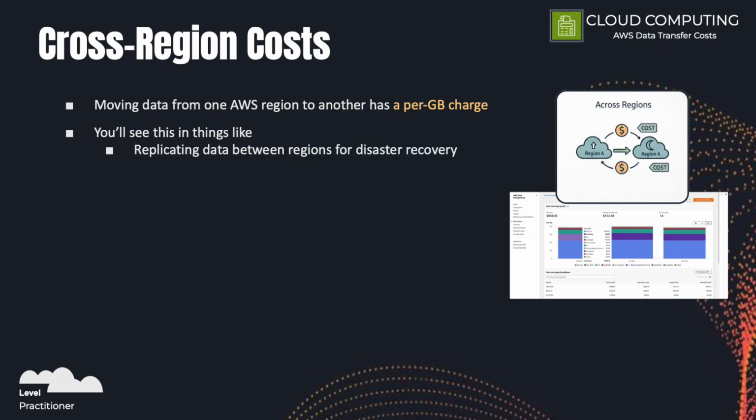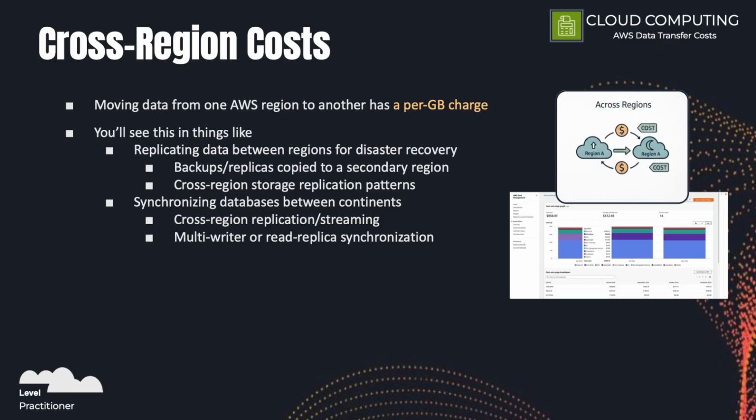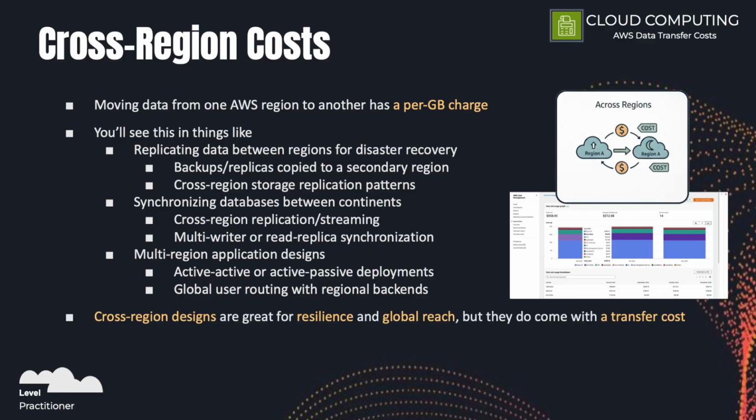You'll see this in things like replicating data between regions for disaster recovery, synchronizing databases between continents, and multi-region application designs. Cross-region designs are great for resilience and global reach, but they do come with a transfer cost. So in other words, use them on purpose and keep an eye on how much data you're moving.